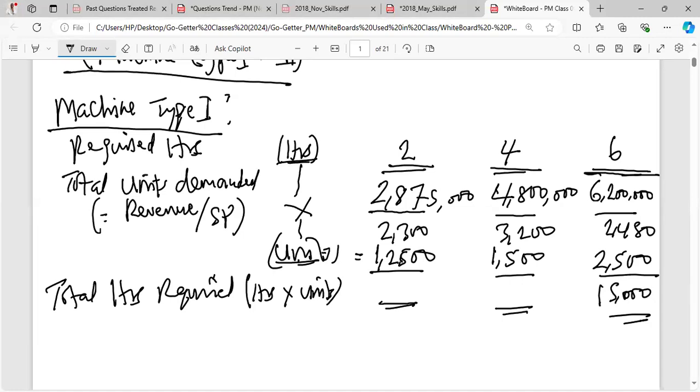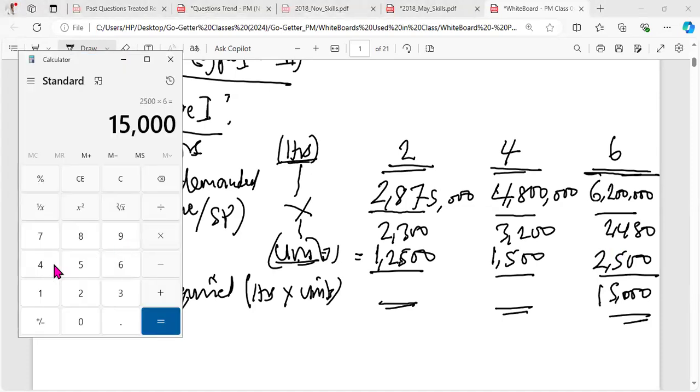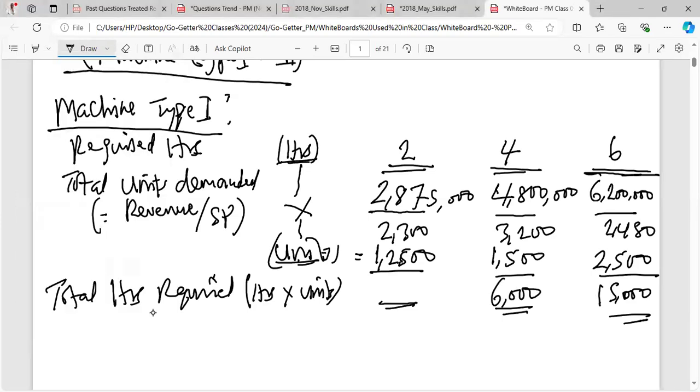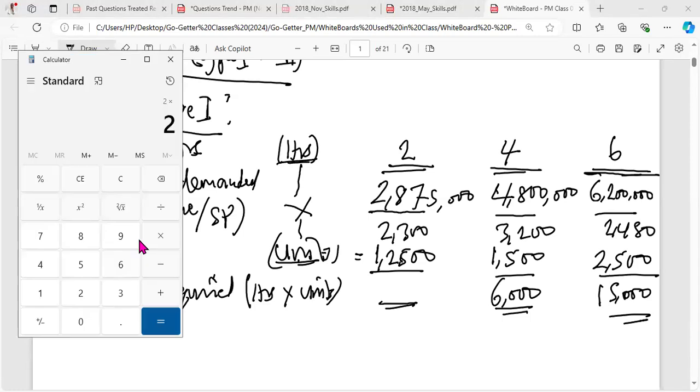I'll do the second one. Let me be coming from back. 4 multiplied by 15, that will give me 6,000. Then we have 2 multiplied by 1,250.